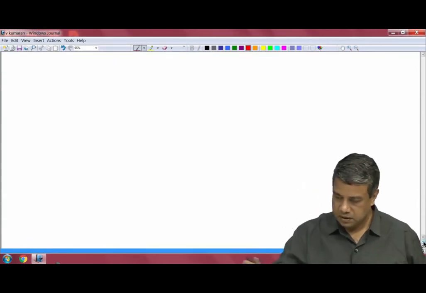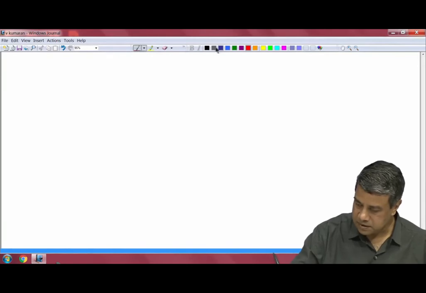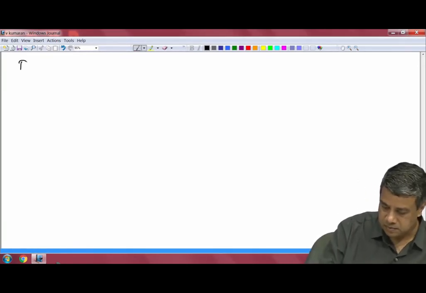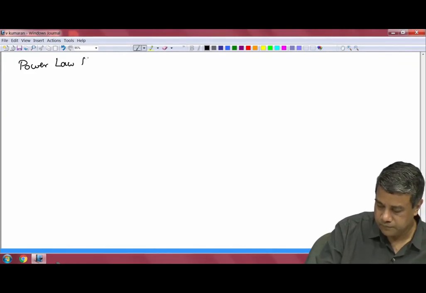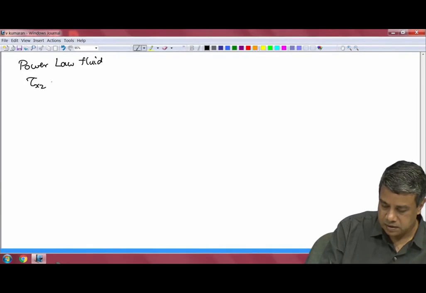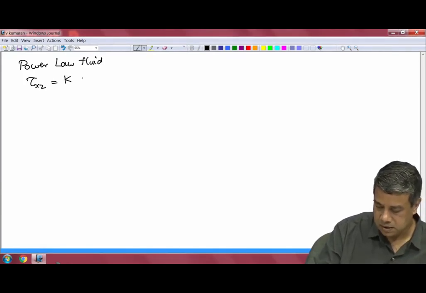So, when we did dimensional analysis, I had told you about a power law fluid. Tau xz is equal to k dvx by dz into the modulus to the power n minus 1.